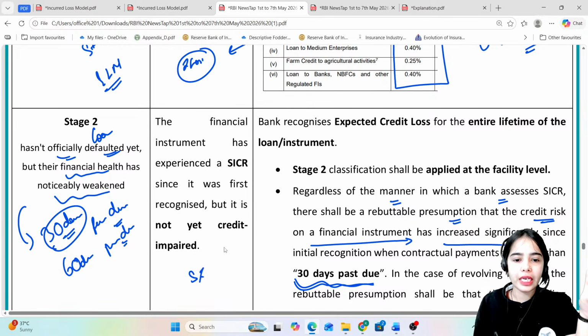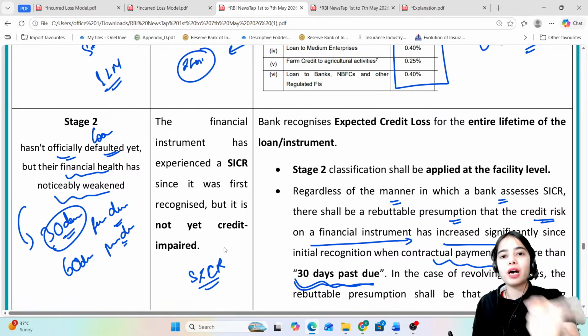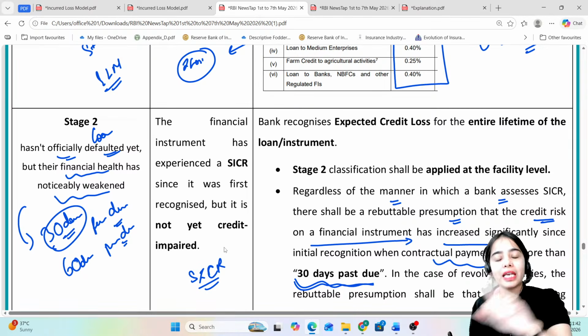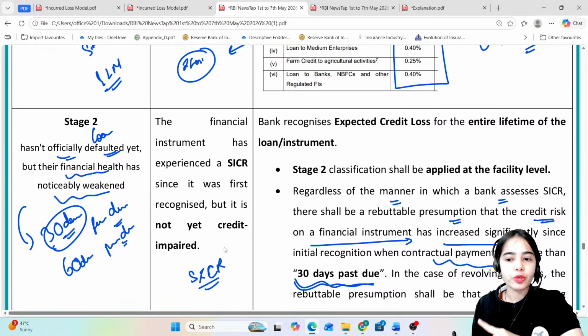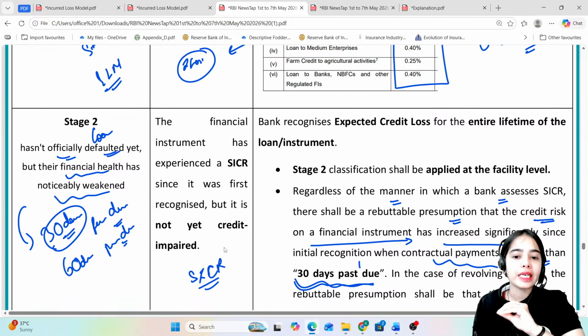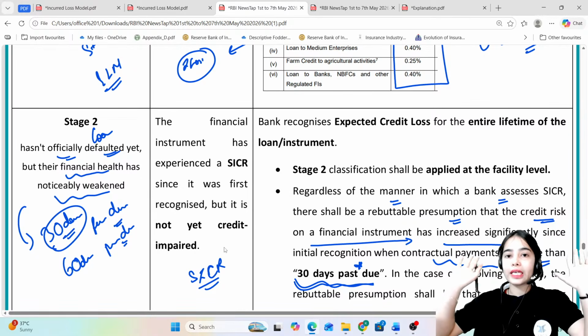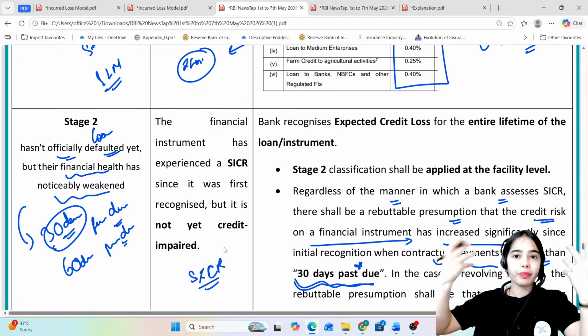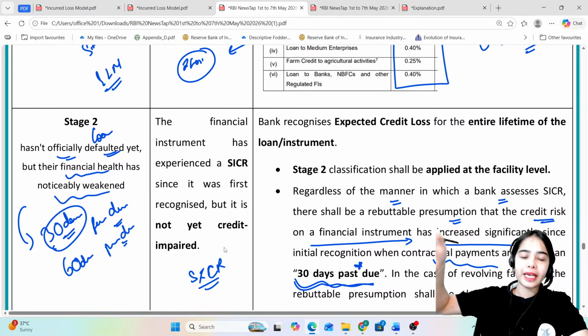There is a significant increase in credit risk if the contractual payments, the interest payment, the EMI, that should have come to the bank are more than 30 days past due.